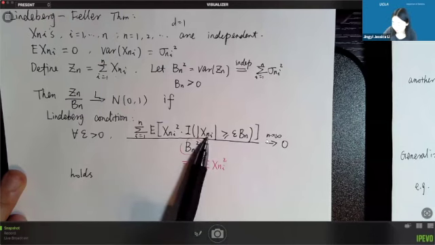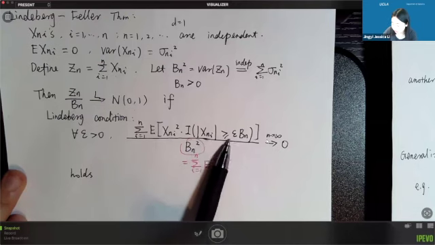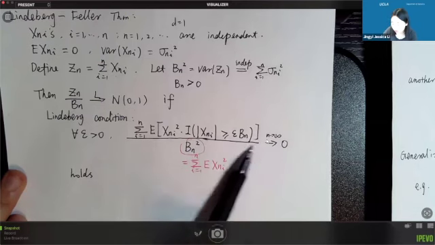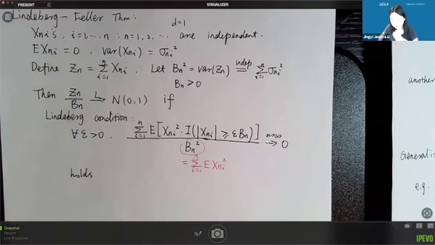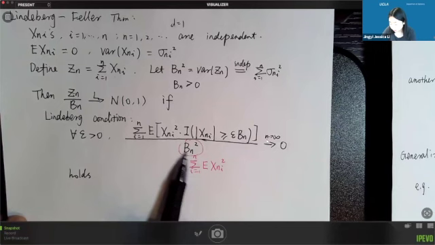And we are making that contribution go down to 0 as n goes to infinity. So this is a way to require our x_ni's to be well behaved. They cannot be too far away from 0. It's okay for them to get away from 0, but not as fast as the increase in bn squared.